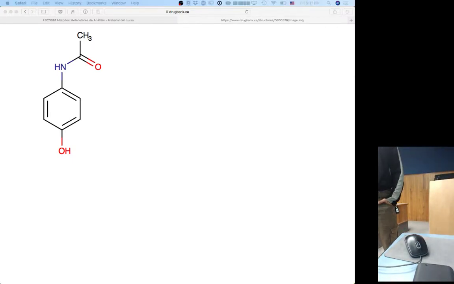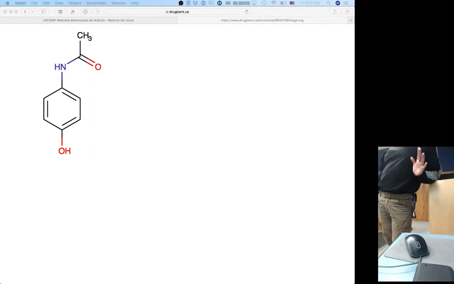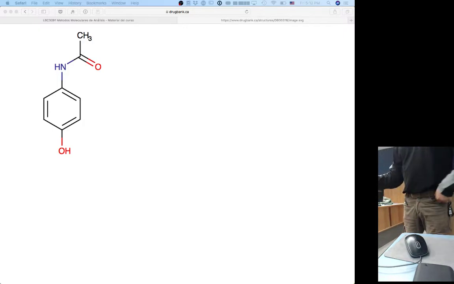We have a nitrogen, we have an oxygen, and an alcohol. This will be like a carbonyl. And what is likely to lose or gain a proton is the nitrogen, right? As a base, the pKa should be on the basic side of the pH scale. So what the pKa tells us is that we need to be at a pH about 9 for this nitrogen to lose that proton.